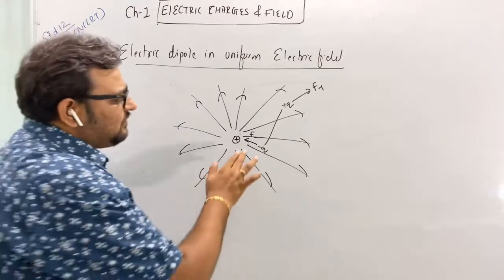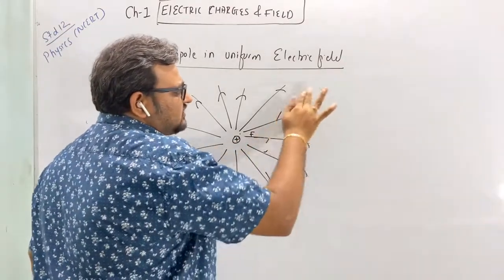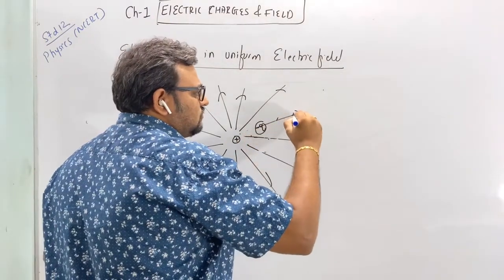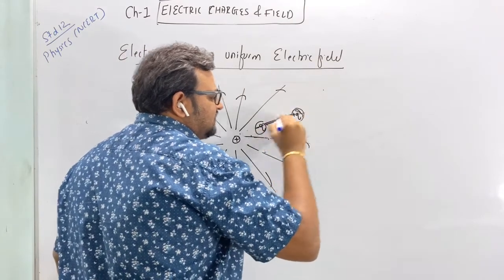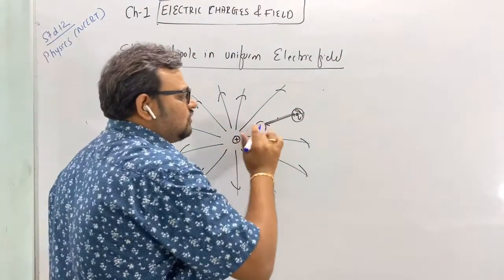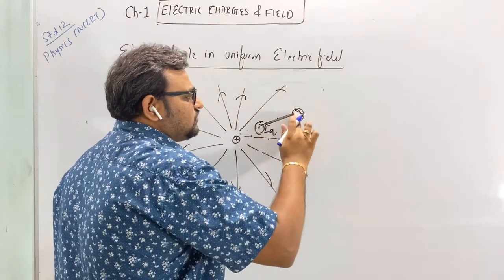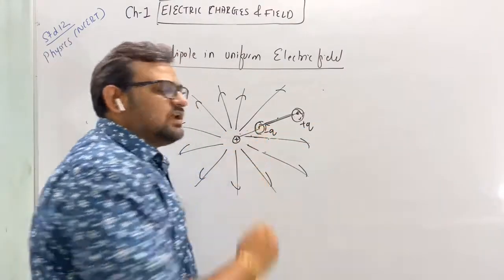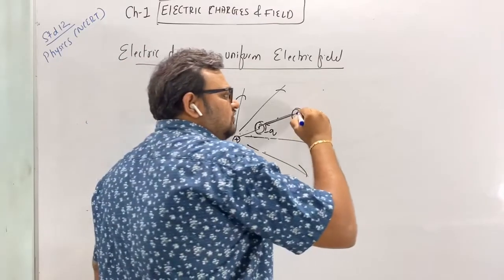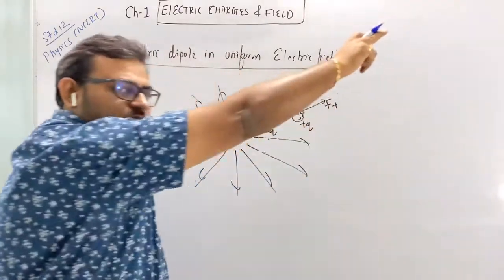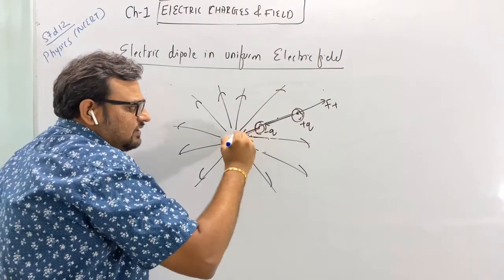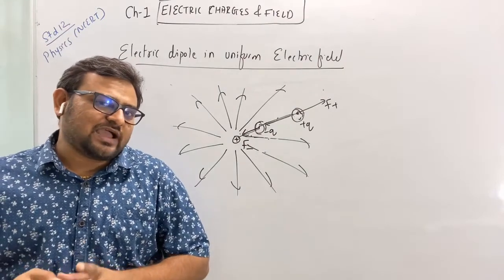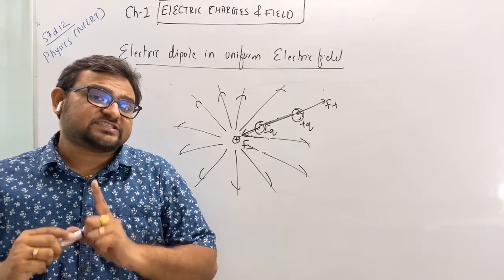Now, if I place this dipole in this way, minus q, plus q, then what will happen? The force acting on this will be F plus and F minus. Clear? Now the line of action of the forces is the same.